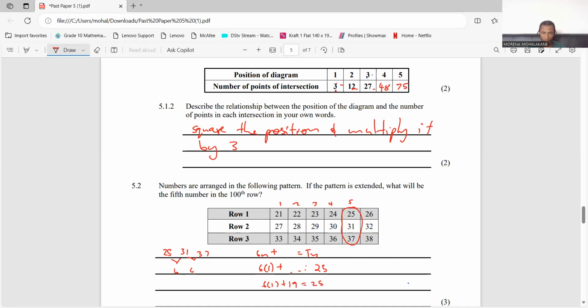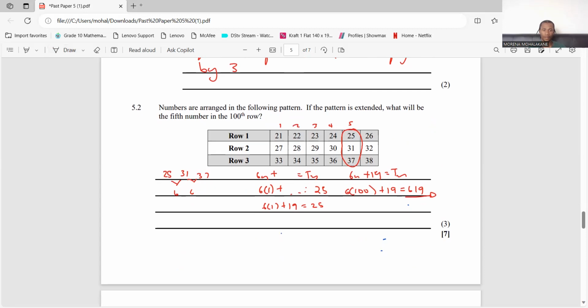So I can say that this is 6n plus 19. That is my tn. So for the 100th one, I'm going to put 6 times 100 plus 19 equal to 619. There we go.